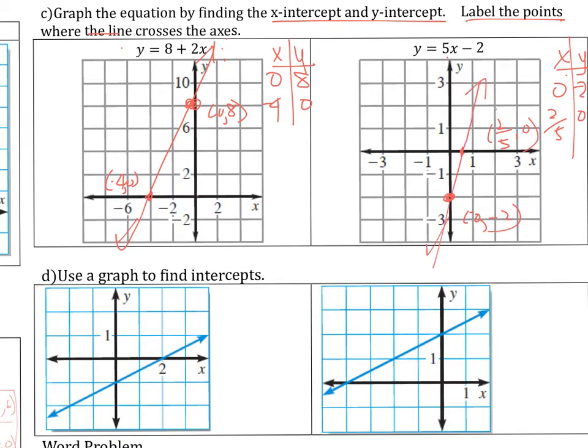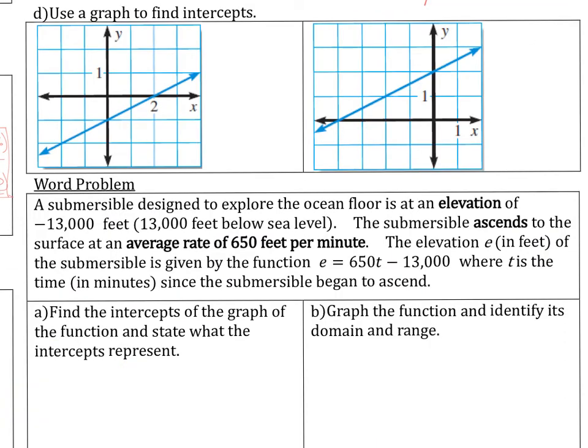There we go. And now identify the intercepts when you're given a graph. So the x-intercept will be 2, 0, and the y-intercept will be 0, -1.